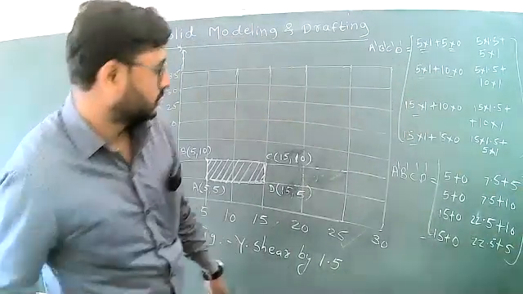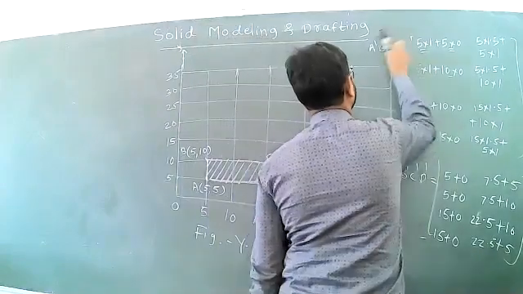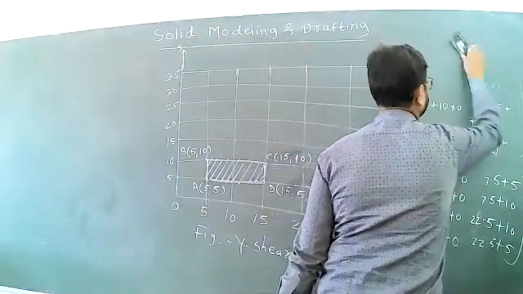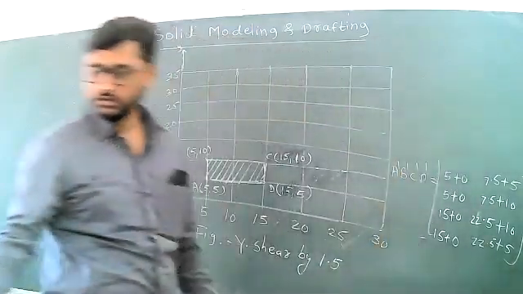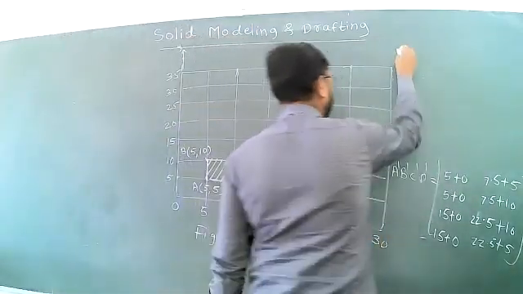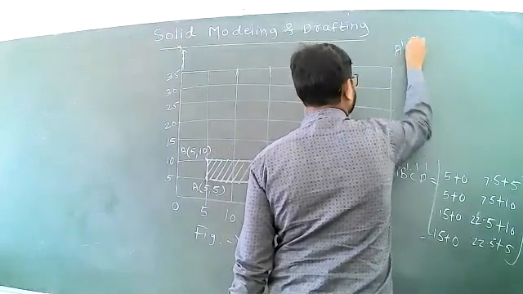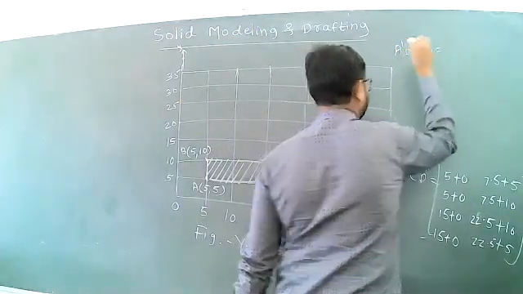And finally we get the new coordinates for the transformed rectangle A dash, B dash, C dash, D dash.